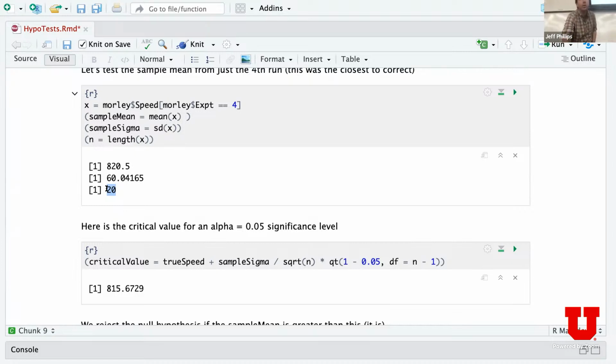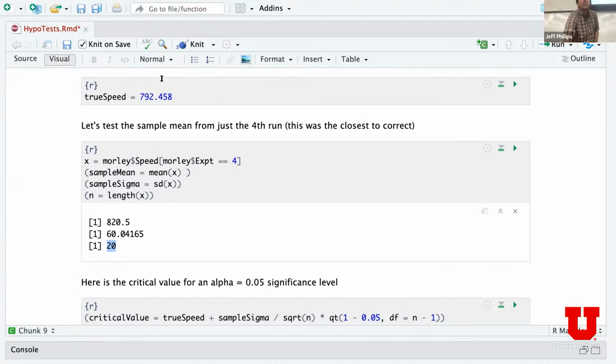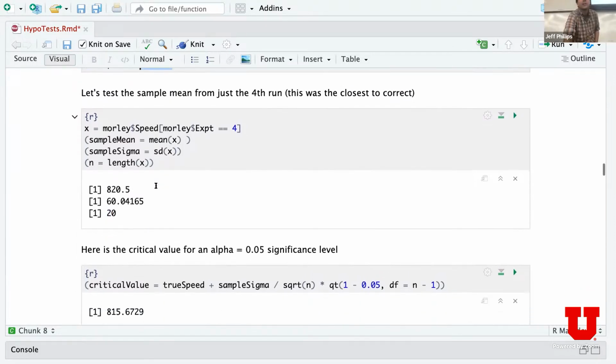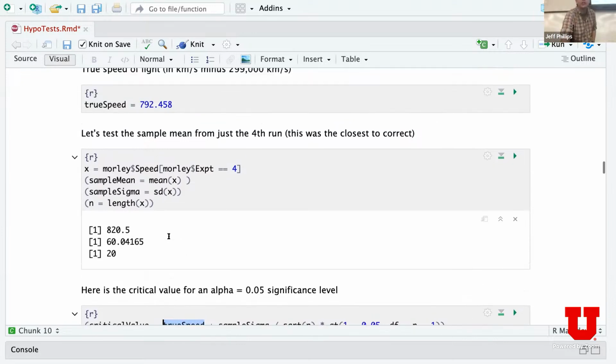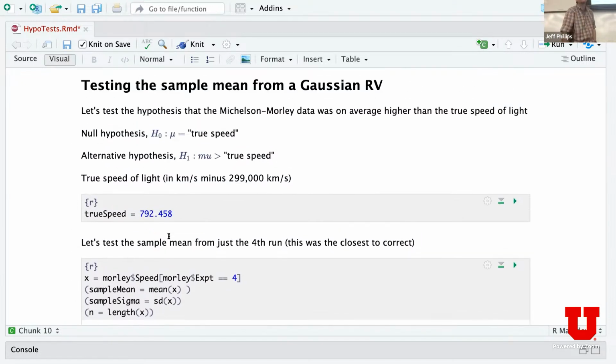And we want to know, is this going to fall inside of the confidence interval, so that this is correct? We can compute the critical value, but actually let's start with a hypothesis test. So there's the true speed, which is going to be our null hypothesis.